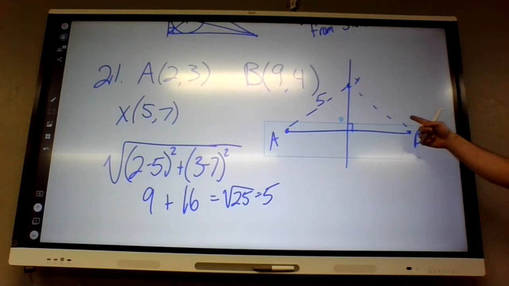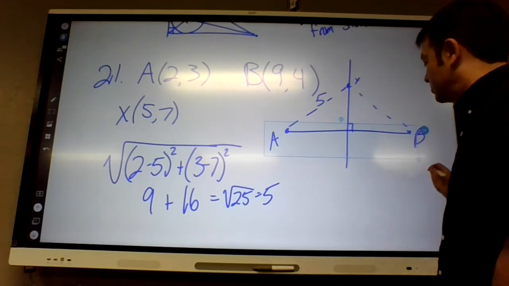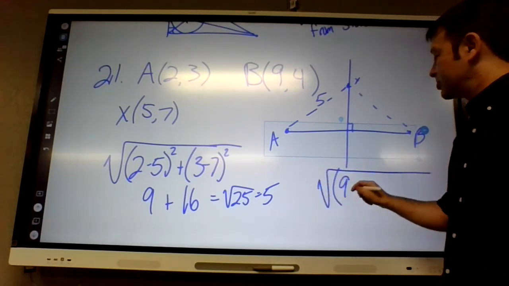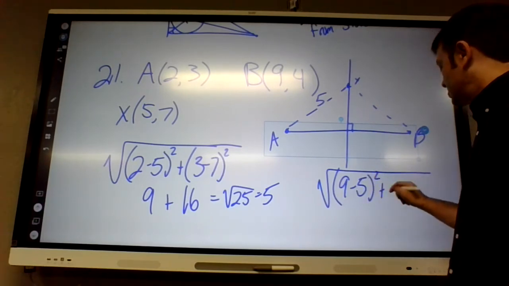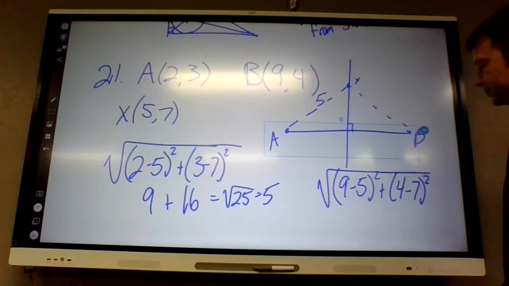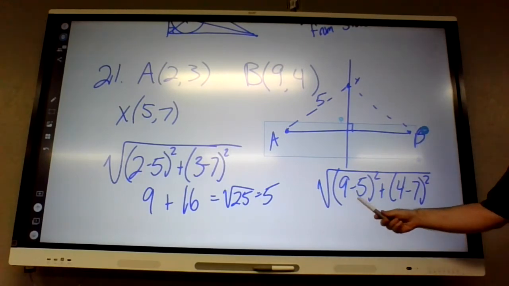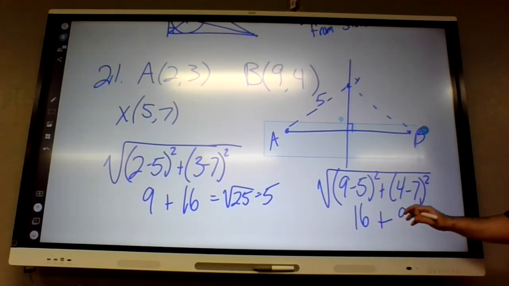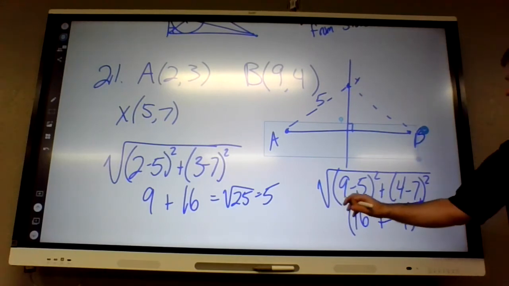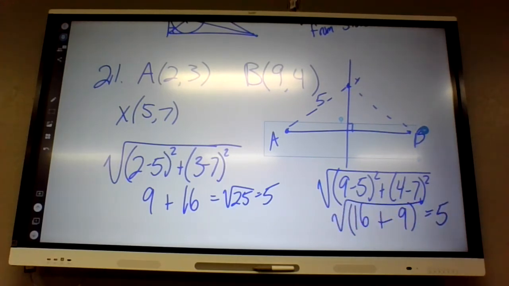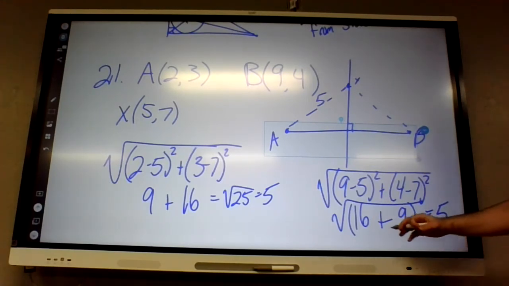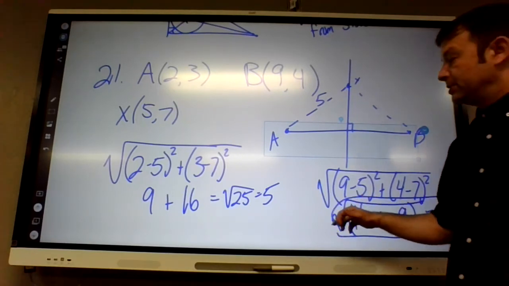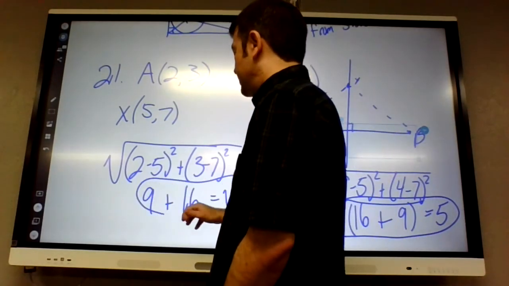So basically we need to do the same thing with X and B to show that its distance is also 5. So square root of (x minus x) plus (y minus y). 4 squared is 16. -3 squared is 9. So it's 16 plus 9 again. So square root of that is 5 again. So basically it's just like show your work kind of a deal, like this part. Well, all of it really is the answer.